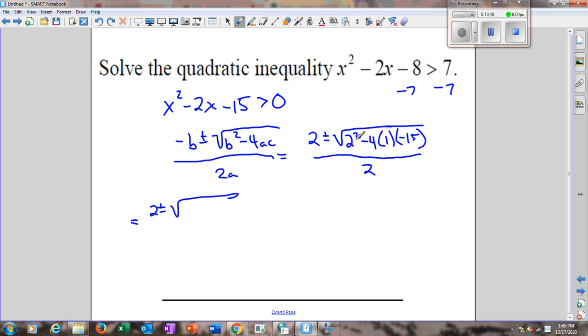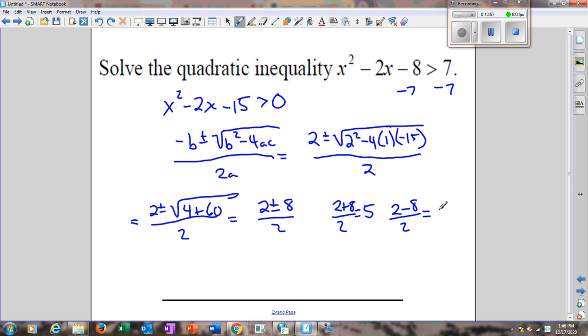Two squared is 4. Negative 4 times 1 is negative 4 times negative 15 is positive 60. So it's going to be 4 plus 60 over 2. 4 plus 60 is 64, and the square root of 64 is 8. So 2 plus or minus 8 over 2. 2 plus 8 is 10 over 2. 2 minus 8 is negative 6 over 2. 10 over 2 is 5.